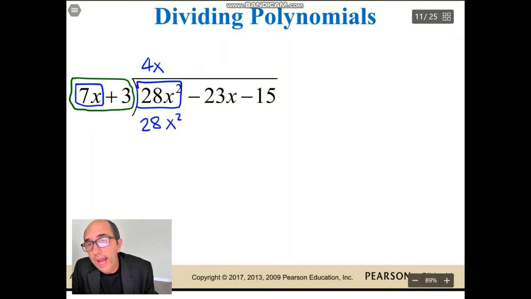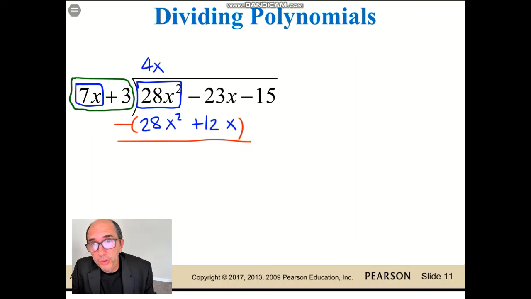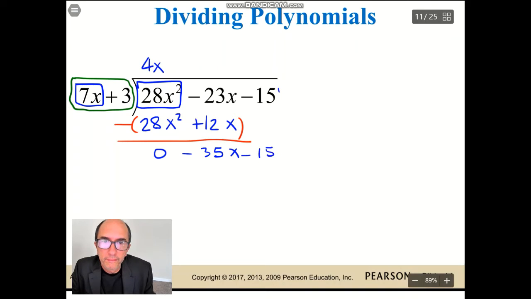And 4x times 3, 12x. Okay? You're going to subtract this from the original polynomial: 28x squared minus 28x squared, 0. Negative 23x minus 12x, negative 35x. And you can drop here the next one, minus 15.